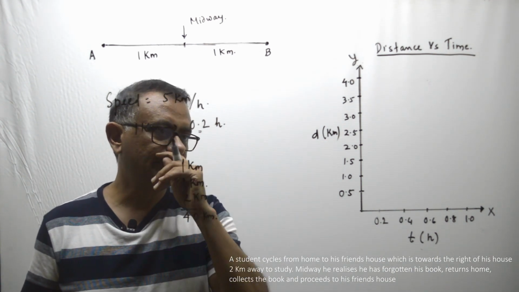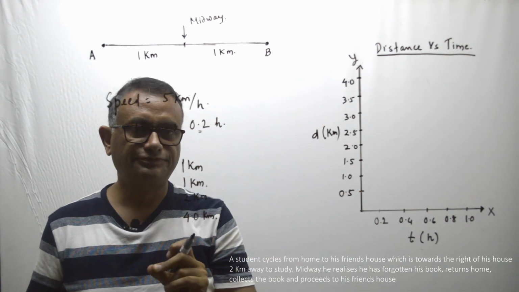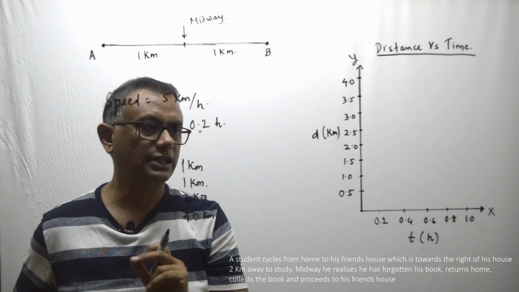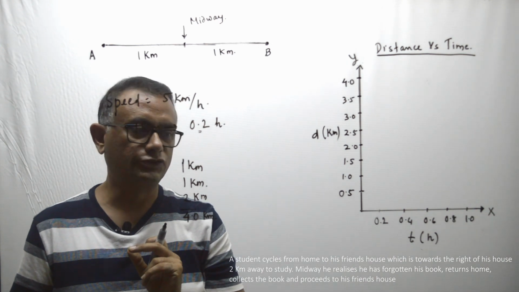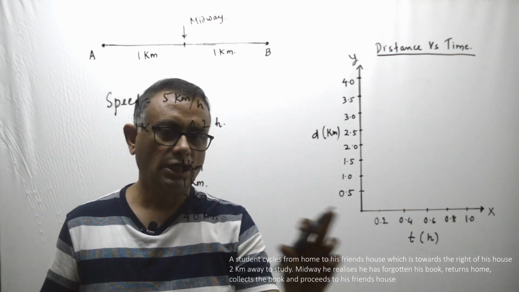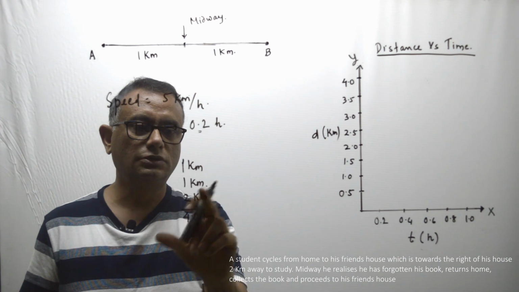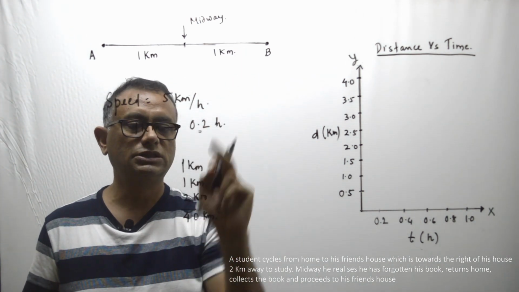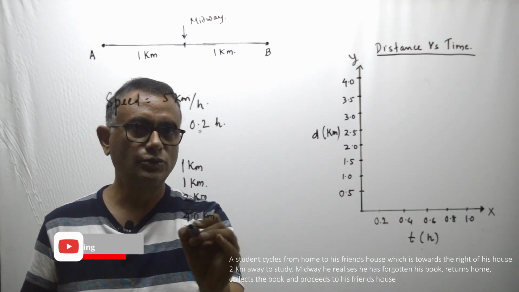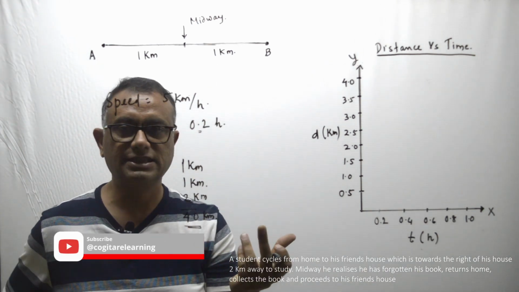So remembering this is a distance time graph, let's now start plotting the graph with the data that we have calculated so far. He's totally traveling 4 kilometers and he's doing it in 0.8 hours, and this is a distance time graph.